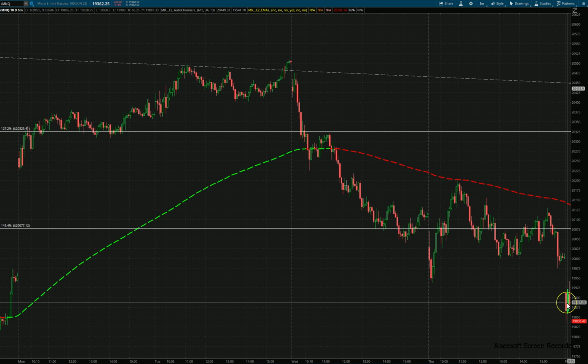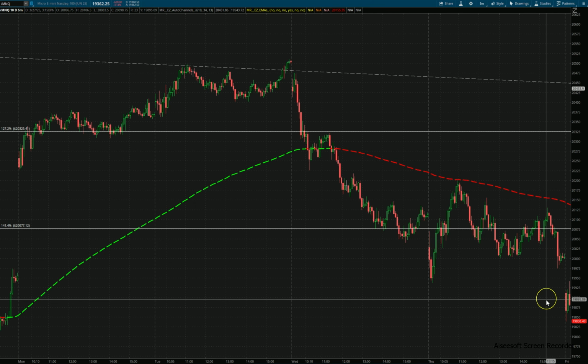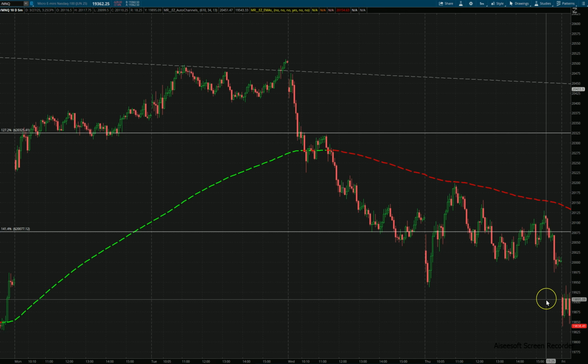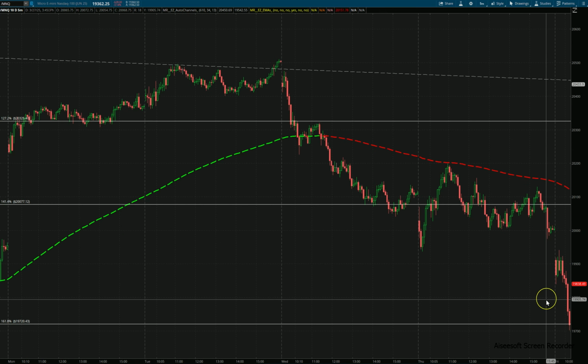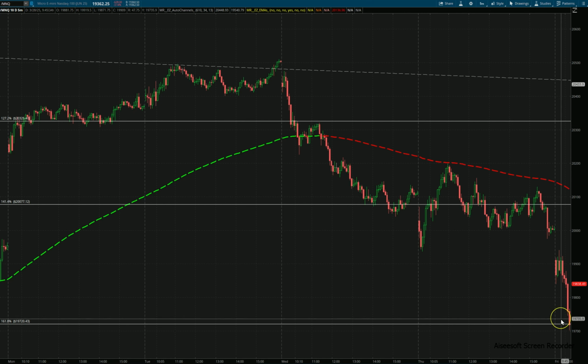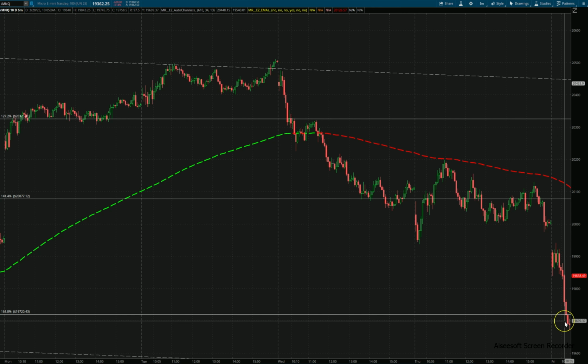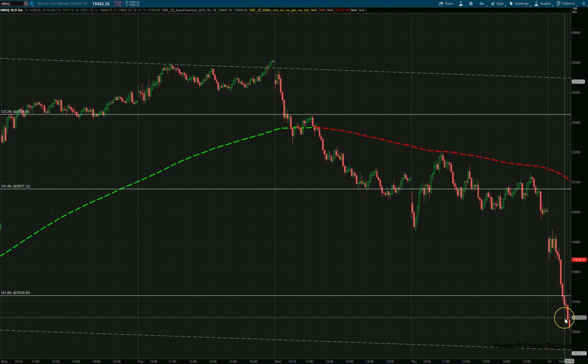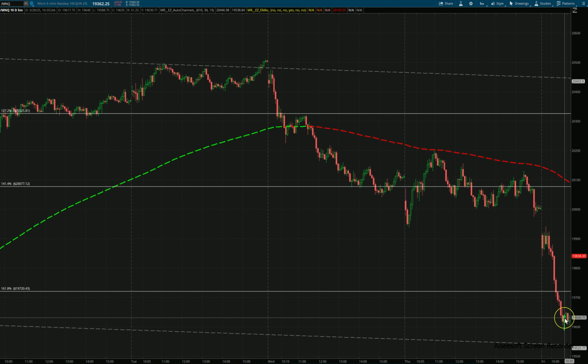We don't have any indicators. So what do you do? A bar at a time or a couple of bars at a time. Comes down, maybe expect to bounce here because it hit the 161.8. Well, if you got in, get out because it broke it. And down it comes.